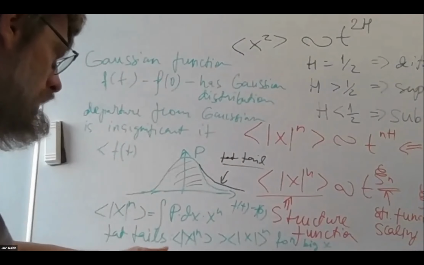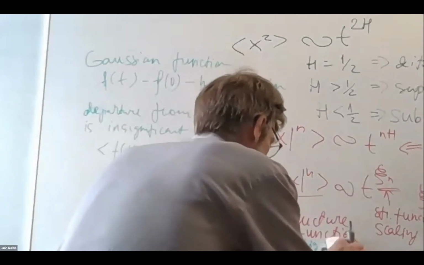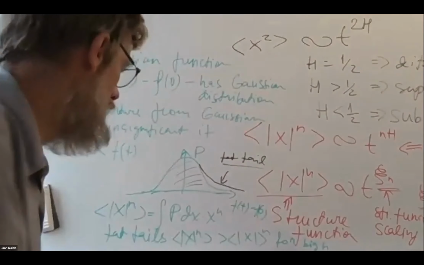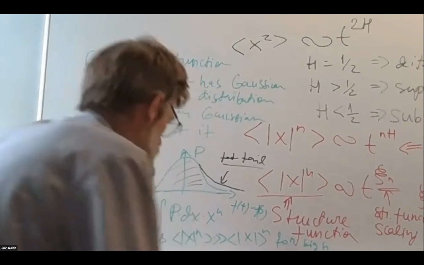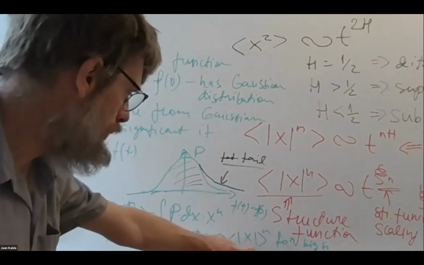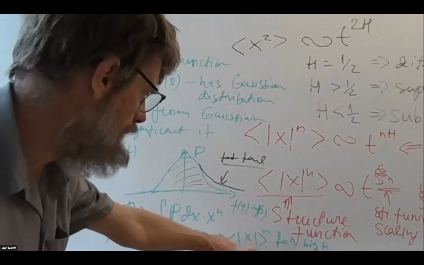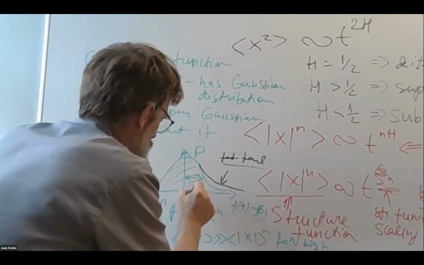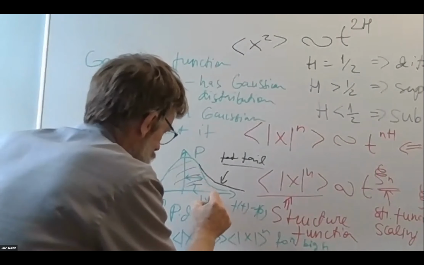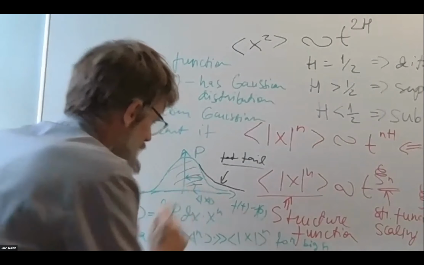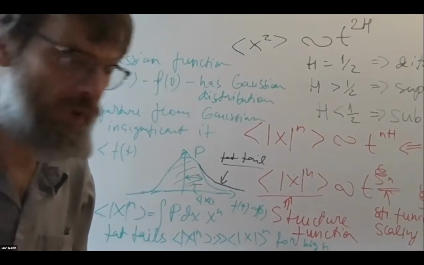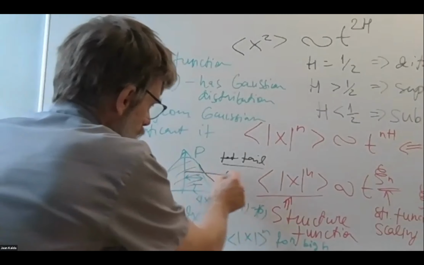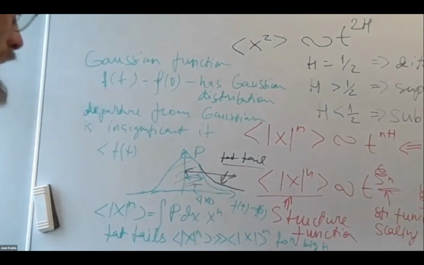Because for big n, they are much bigger. The average of the modulus of x is something corresponding to this, so this here is around the average modulus of x. But x to the power of n might be dominated by something from here instead.